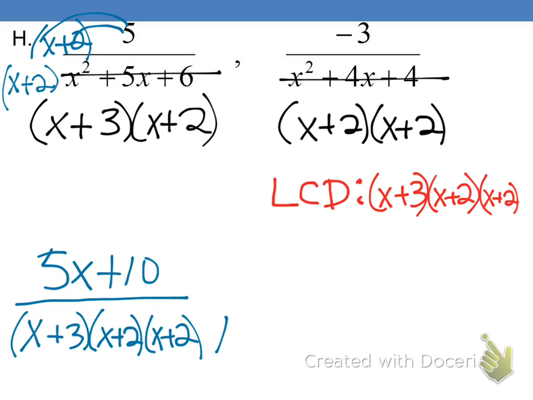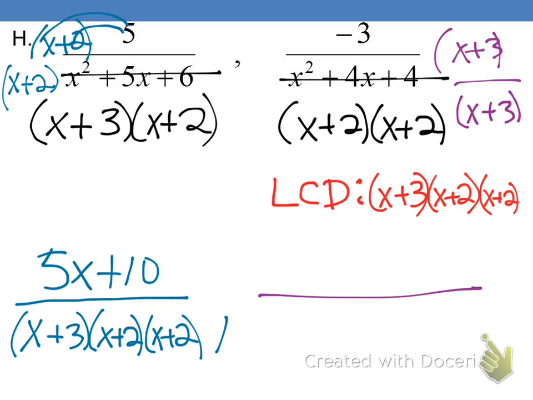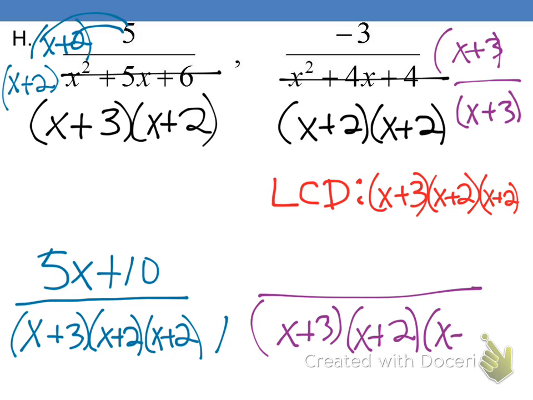All right, what's my second denominator missing? An x plus 3. So I have to multiply the top by x plus 3. Denominator, same thing. We have an x plus 3. We have an x plus 2. We have an x plus 2. Double check what you said the LCD is should be what each denominator is.